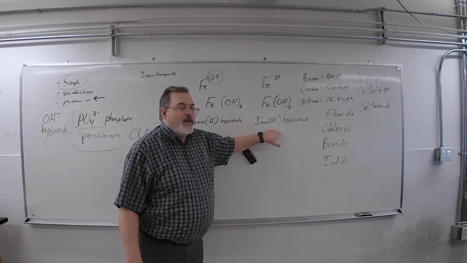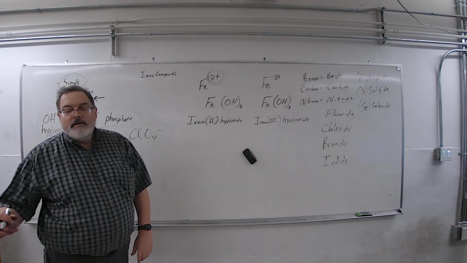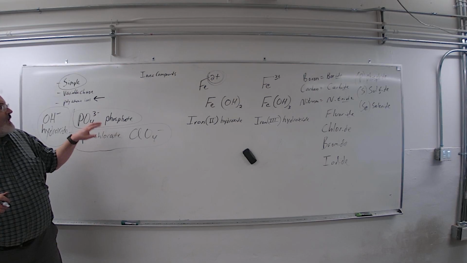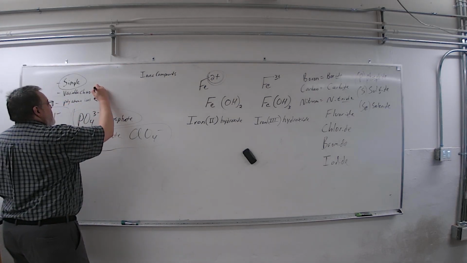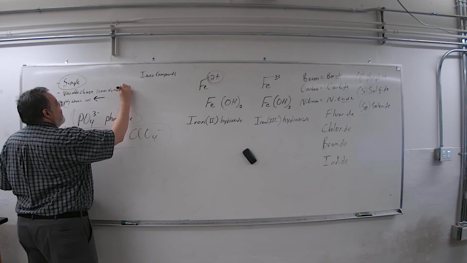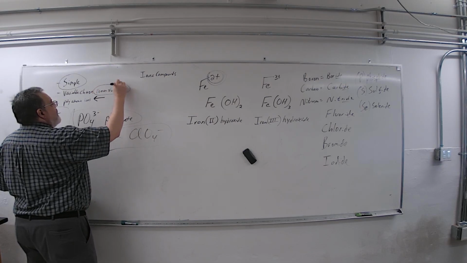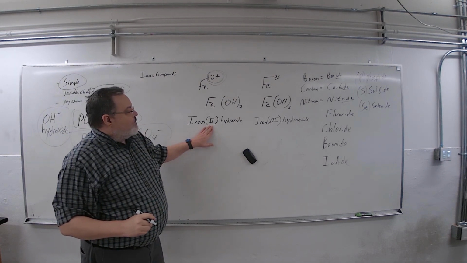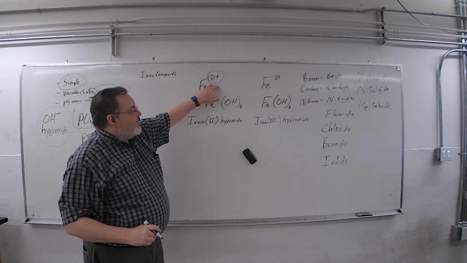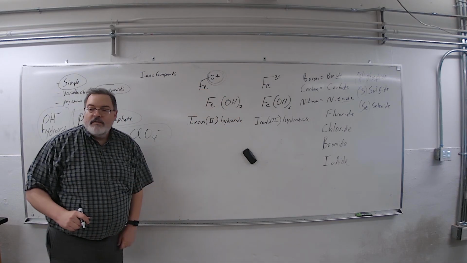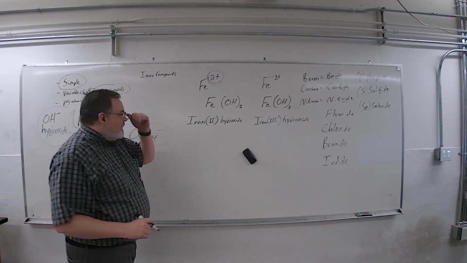This would be iron 2 hydroxide, and this is iron 3 hydroxide. You guys with me? So with these, you've got to use the Roman numerals. And remember, this number in Roman numerals is the charge up here. It's not a number here or a number here. It's the charge.